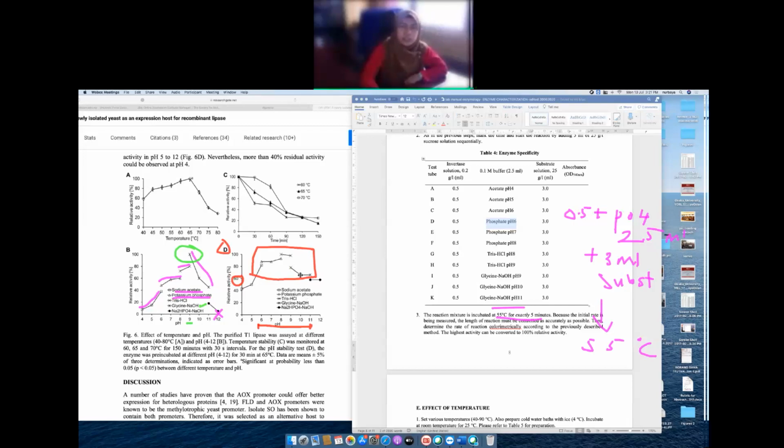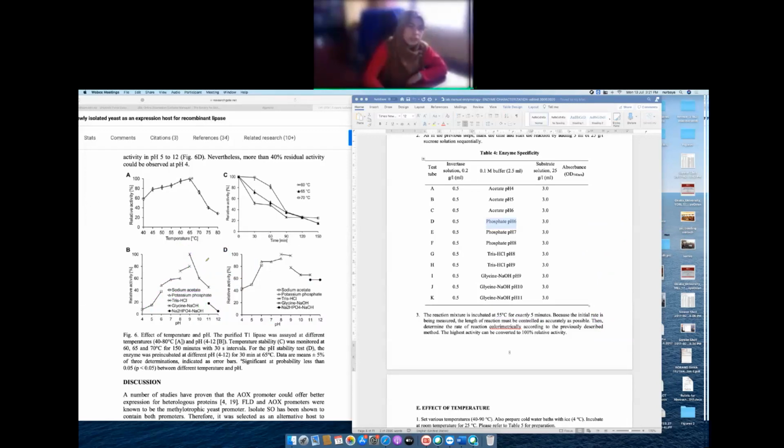Okay, so the question here: do you think the 100% activity of this point versus the 100% of this, do you think the unit per ml are the same or not? Okay guys, what do you think about this 100%? 100% for optimal pH versus 100% of the pH stability.